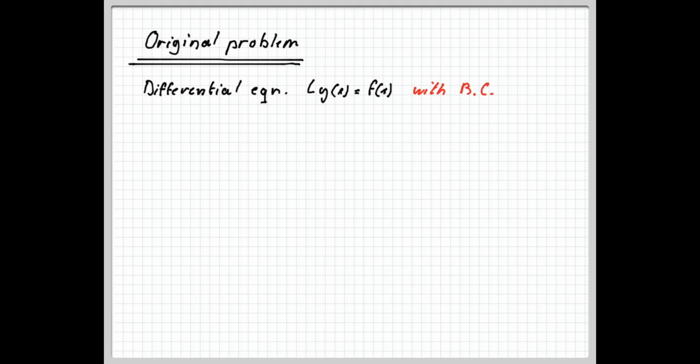And we read L as a differential operator. Then quite formally, the solution to this inhomogeneous differential equation would read, and the name of the game is to find out an expression for this inverse operator L minus 1.